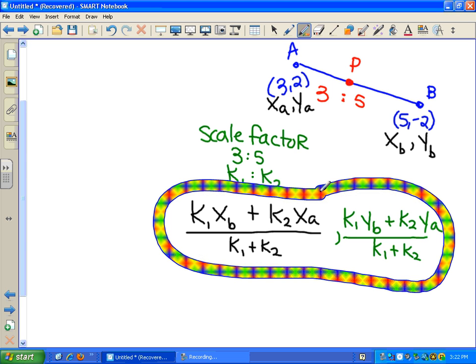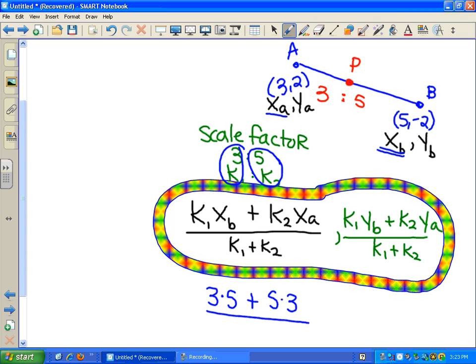So let's go ahead and plug in our values. K1 we know is 3. So I'm going to take 3 times my X sub B value, which is 5, plus my K2 value, which is 5, times my X sub A value, which is 3, all over K1 plus K2, so 3 plus 5 is 8, comma.